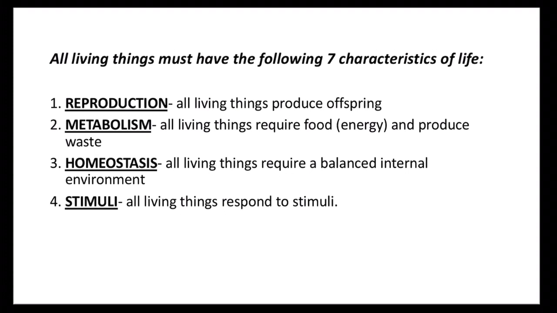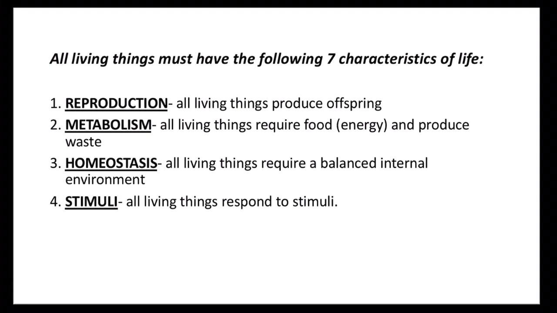Reproduction can be through sexual or asexual reproduction, which ties this back into Science 9. Next, we go into metabolism. All living things require food or some kind of energy. Plants don't take in food, they take in sunlight, which produces their food. And they all produce some kind of waste product as a result.